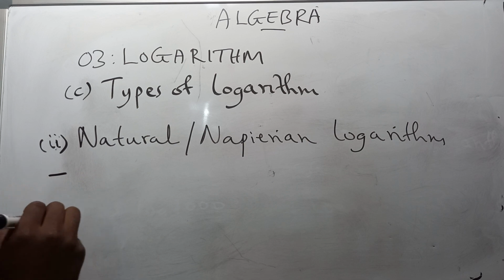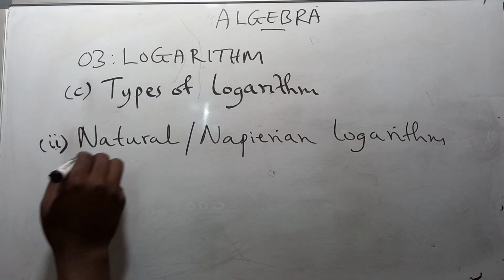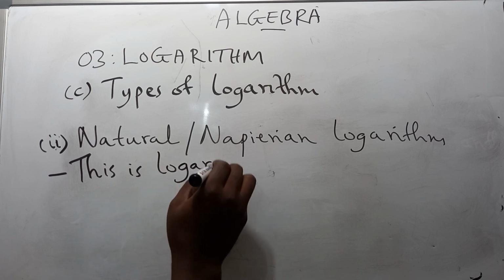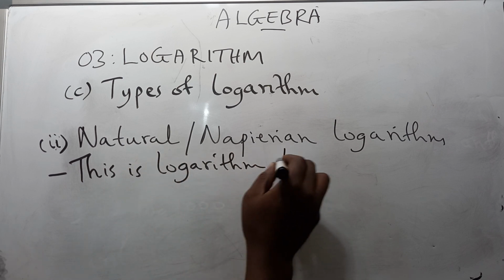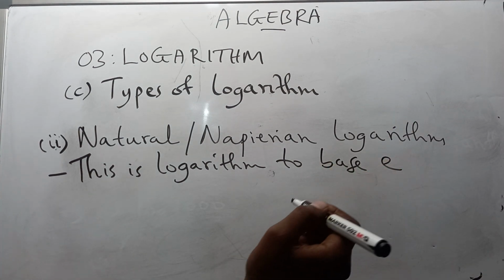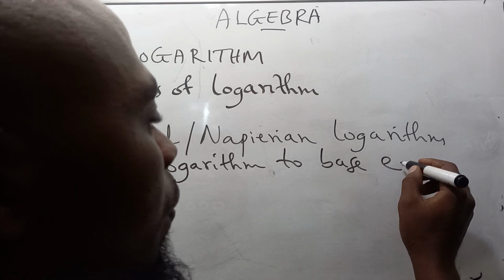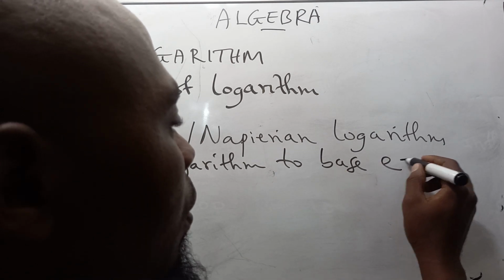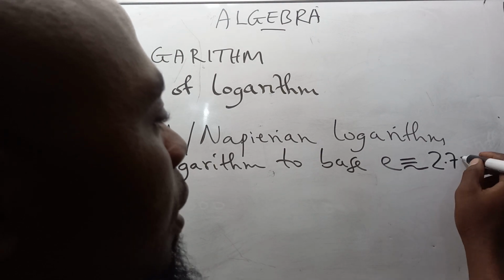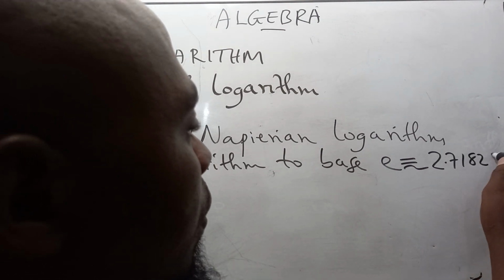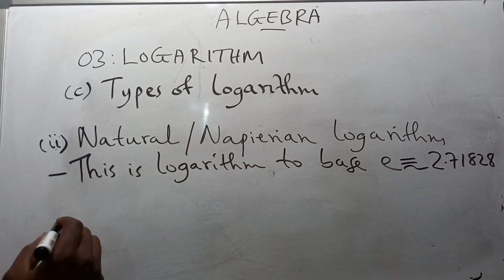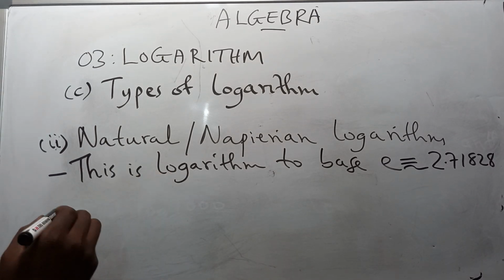What is natural or Naperian logarithm? This is logarithm to base e. e is the Euler constant whose value is approximately 2.71828.